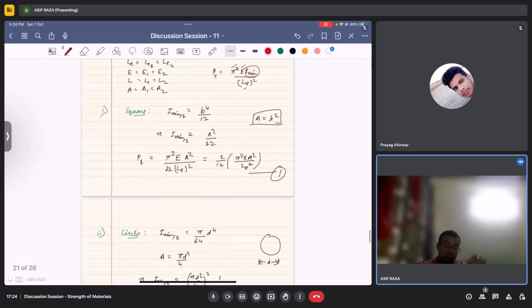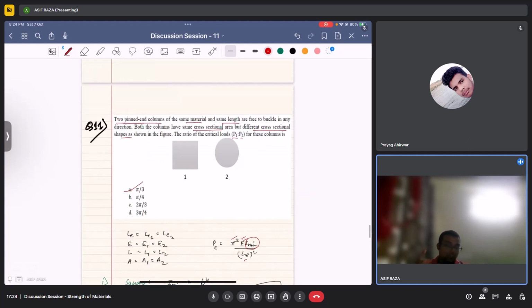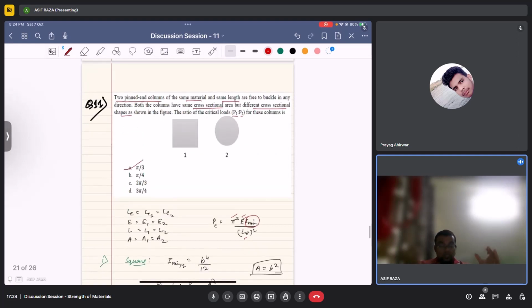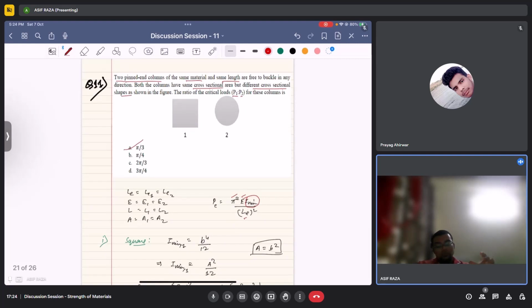It's quite a straightforward thing. Everything is the same for the given problem: the boundary condition is the same, the length of the system is the same, same material is used, same cross-sectional area. Only the shape is different, and we need to find the ratio of the critical loads. First thing is we know the expression of the critical load as pi square times E times I minimum upon LE square. So pi square, E and LE would be the same for all.